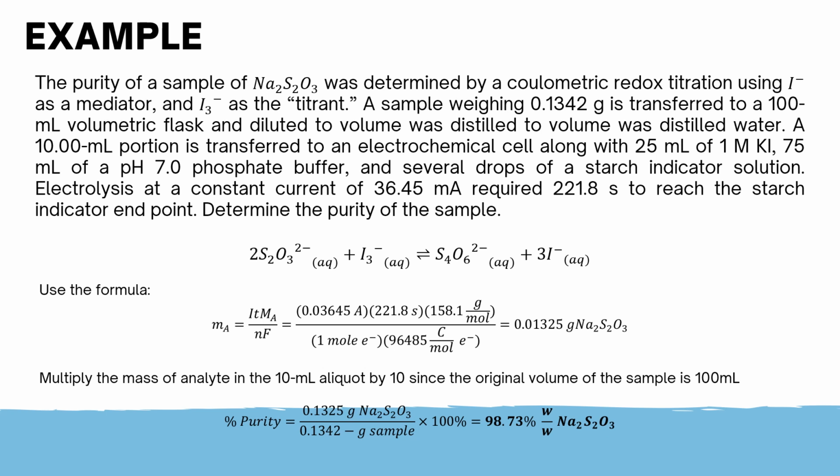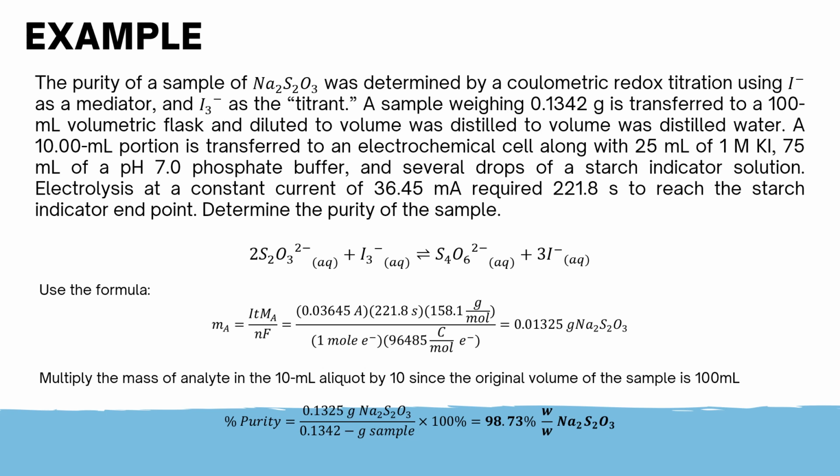Plugging in the given values, we will get 0.01325 grams of sodium thiosulfate. We will multiply the mass of analyte in the 10 ml aliquot by 10 since the original volume of the sample is 100 ml.